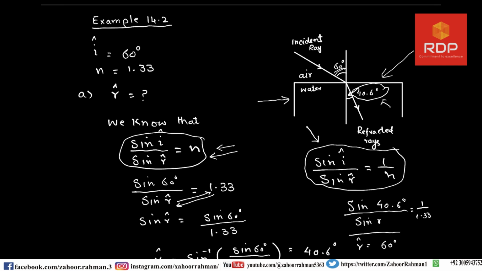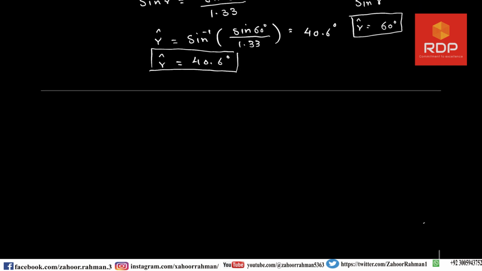So it means that the reverse is also possible. You calculate these things with the calculator, and then you will get 60 degrees, as it is already here, 60 degrees. So remember these two formulae and understand the situations in which you will use them.